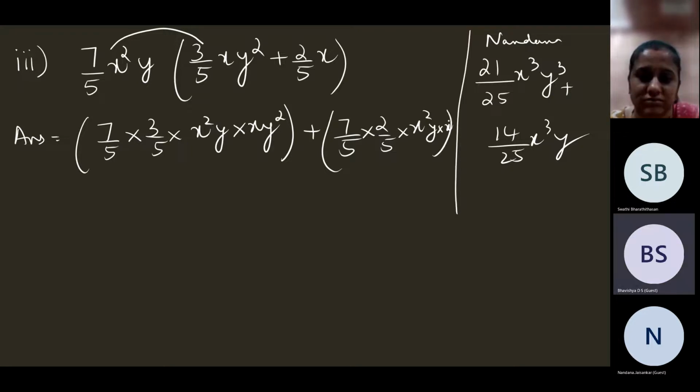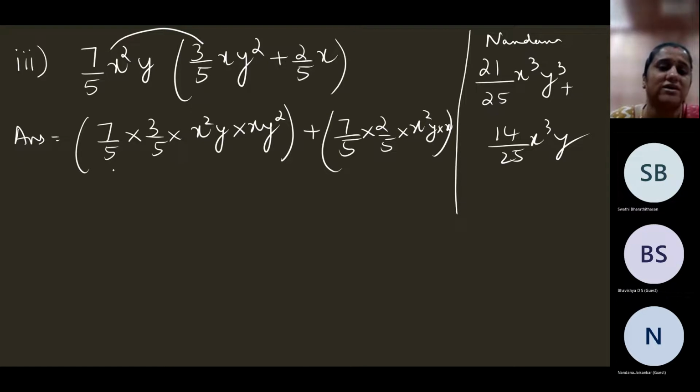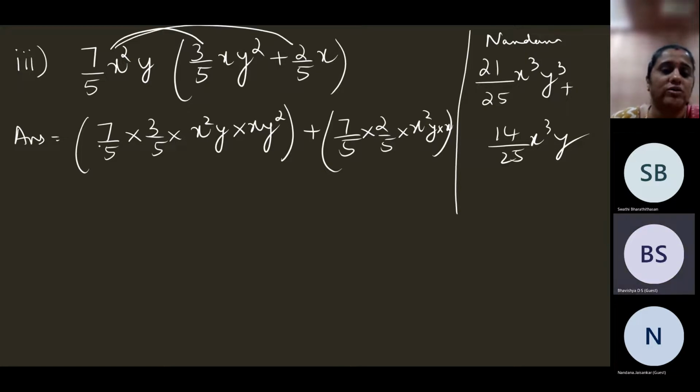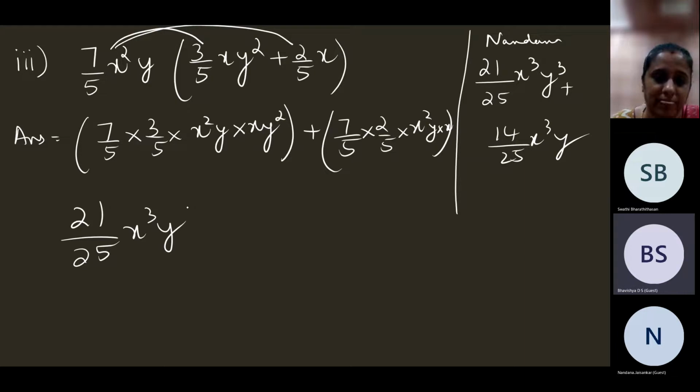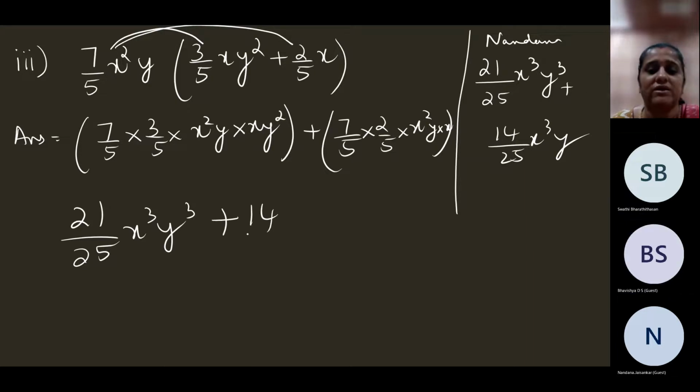Ma'am, I haven't done that step, I directly multiplied. Yeah, you can write it directly. You multiply these two and these two, so you get 21. You can't cancel anything. So 21 by 25, x squared into x is x cubed, y cubed, plus 14 by 25, x cubed y.